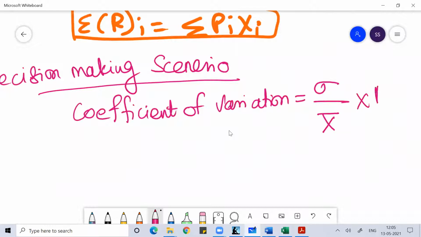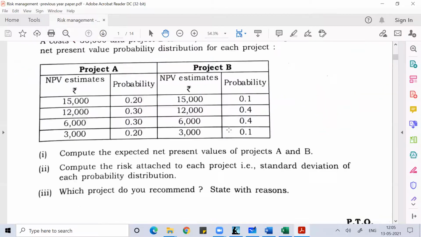So I will find the coefficient of variation of both projects, and then based on the data we get on the coefficient of variation, we'll decide which project to accept or which project to reject.